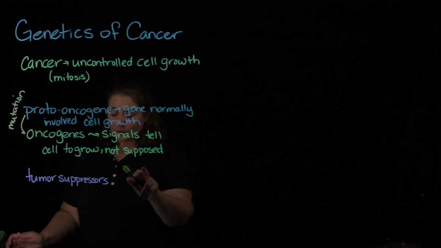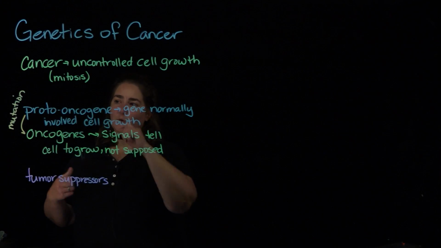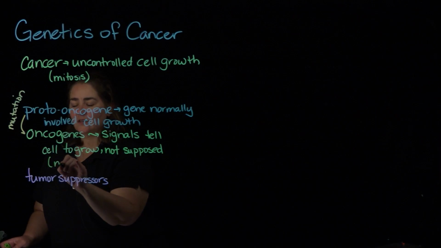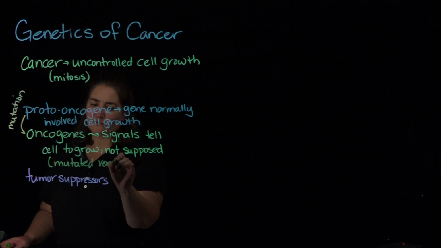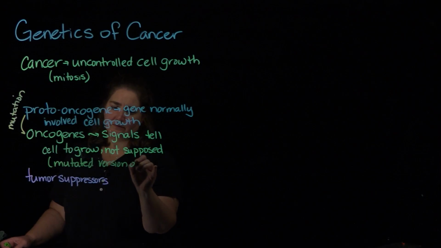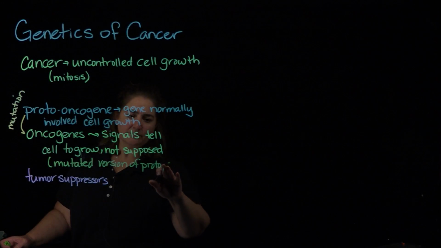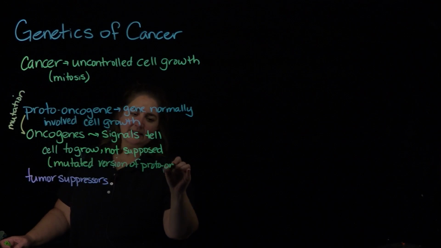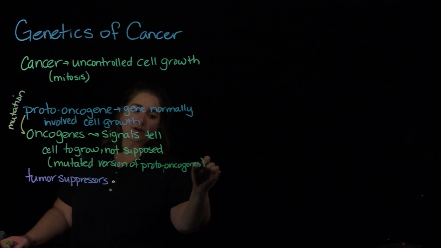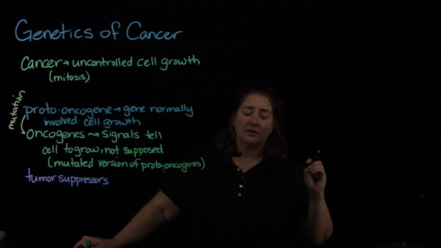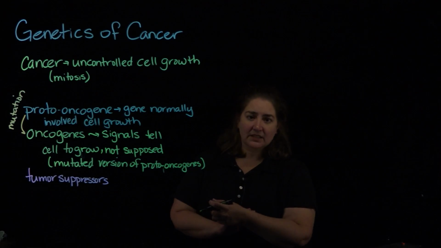All right? But when we're talking about oncogenes, oncogenes are going to be the mutated version of a proto-oncogene. And that's key, because those proto-oncogenes are what normally tell our cells to grow when you have something like a scrape of the skin.